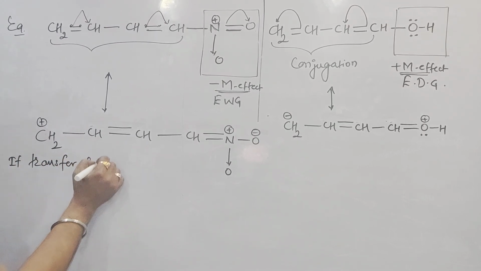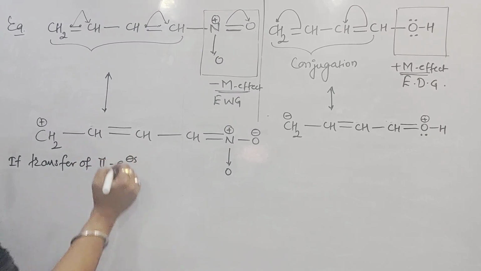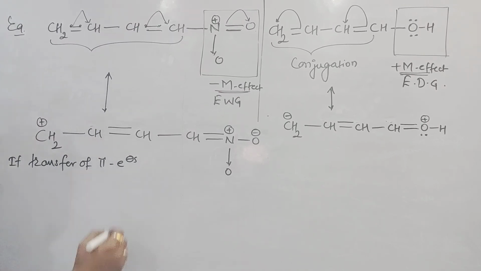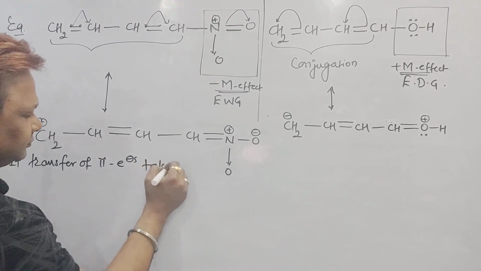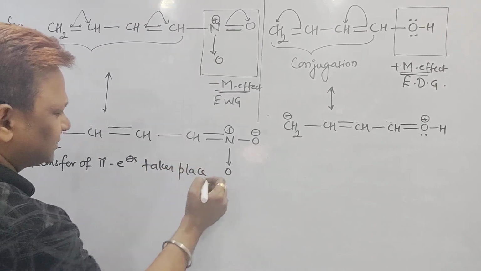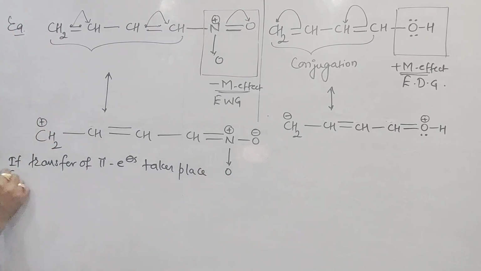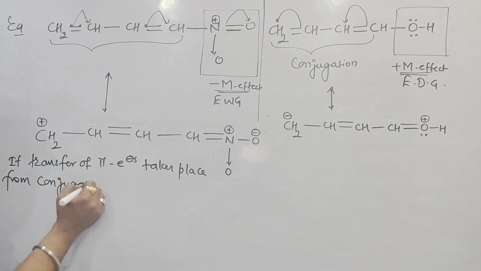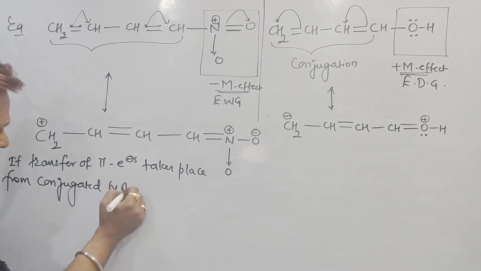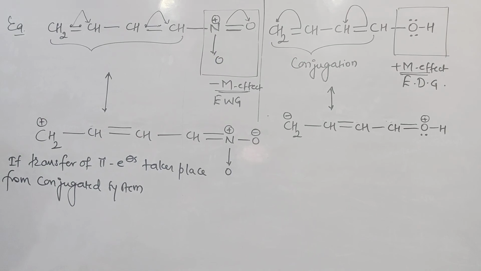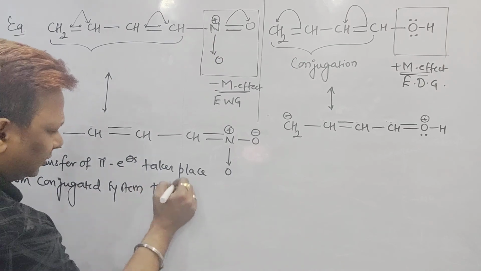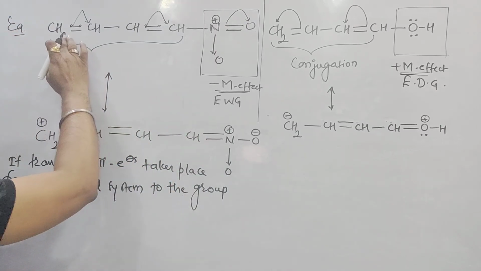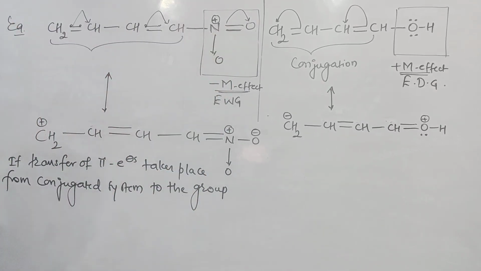If transfer of pi electrons takes place from the conjugated system to the group, see, the transfer of pi electron takes place from the conjugated system to the group, right?